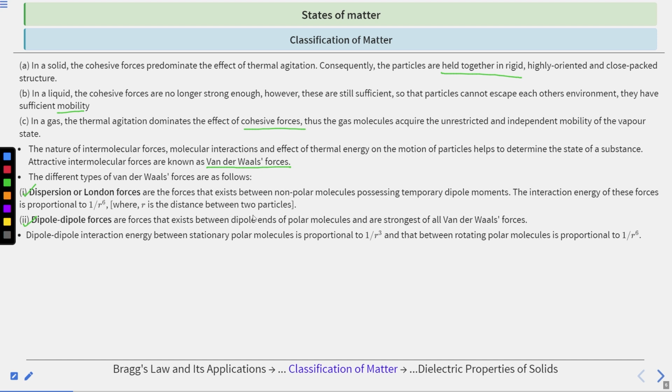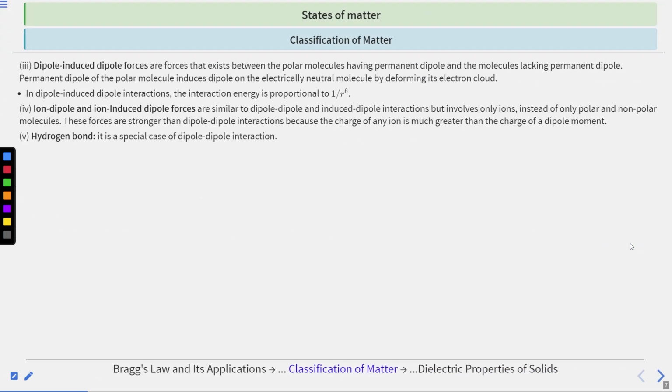The forces that exist between dipole ends of polar molecules are the strongest of all the van der Waals forces. Dipole-dipole interaction energy between stationary polar molecules is proportional to 1/r^3, and between rotating polar molecules is proportional to 1/r^6. Dipole-induced dipole forces.